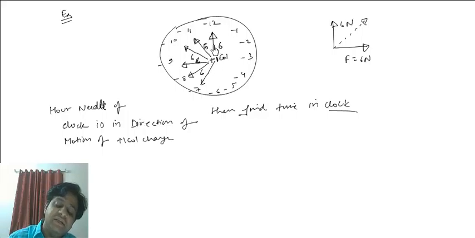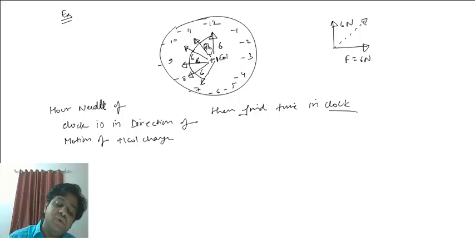In the same way, the angles here are 30, 30, 30, 30 and 30, so the total angle is 150: 1 time, 2 times, 3 times, 4 times, 5 times. The resultant of all these 5 forces will be exactly along the bisector of all these forces.